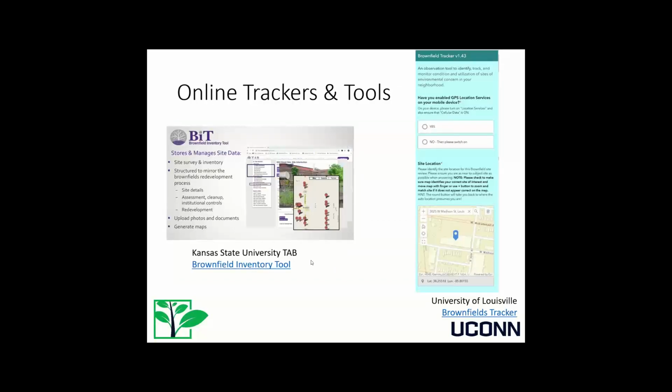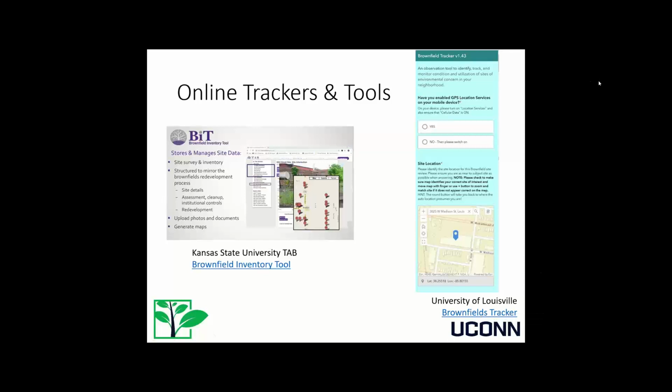And the last thing that I would like to mention with respect to the inventories is that there are web-based tools available. One example is the Brownfield inventory tool from the Kansas State University TAB program. They have an online tool where you can add your information and create the inventory. There is also another tool from the University of Louisville, which they call a Brownfields tracker.